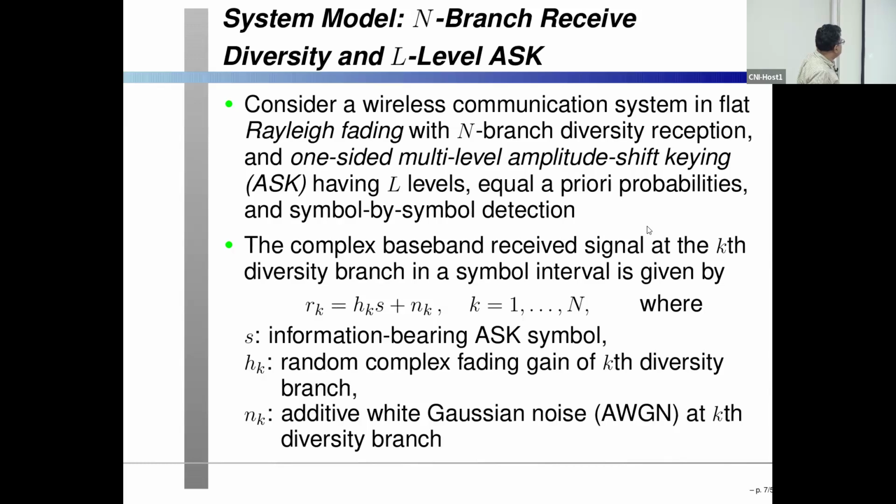So, Rk is the received signal at the kth diversity branch, and it is hk times s plus nk. Your hk is the channel coefficient, or the random complex fading gain, of the kth diversity branch, s is the information bearing ASK symbol, and nk is the additive white Gaussian noise at the kth diversity branch. These are sampled versions of the time waveform.